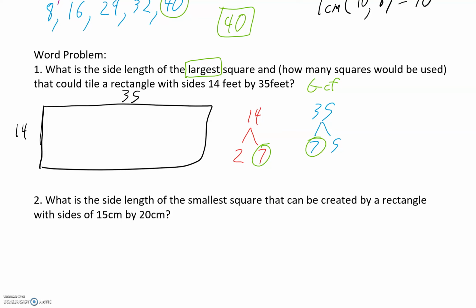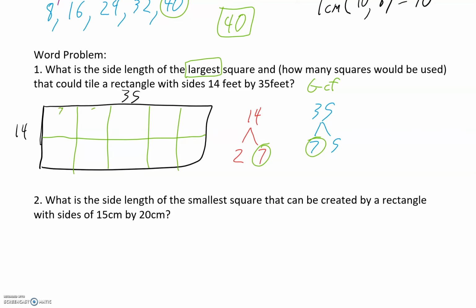Okay, so if we think about it in terms of the drawing here, if we broke this up into 5 sections on the top, each one of those would have 7 feet, right?